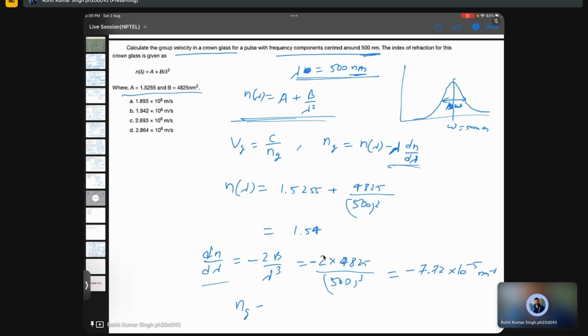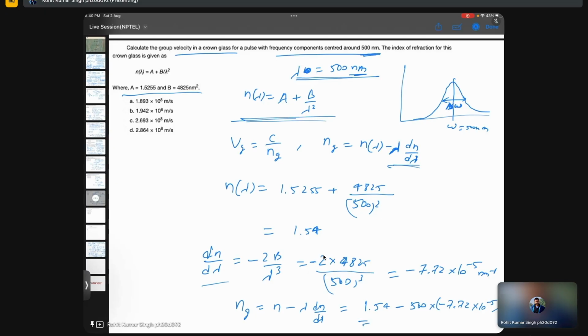And then you can calculate the group index, which is n minus lambda dn by d lambda. So put everything: n of lambda we calculated 1.54, minus lambda, which is 500, into minus 7.72 into 10 to the power minus 5.